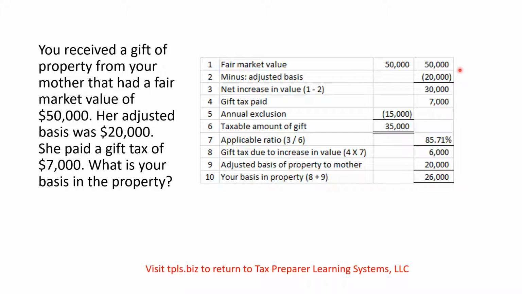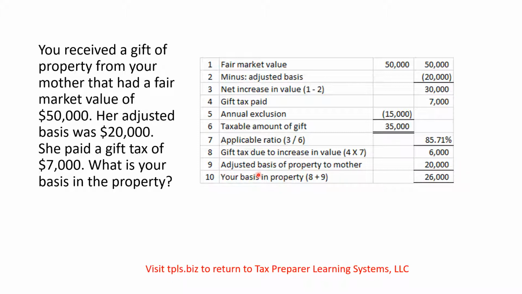What we have is fair market value is greater than the donor's basis. So our calculation starting point is the adjusted basis of the donor. Donor's adjusted basis was $20,000. Well, that's simple enough.